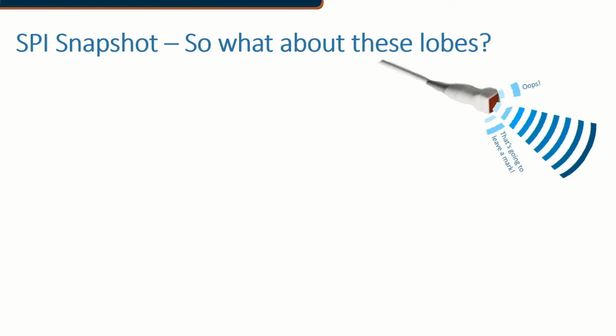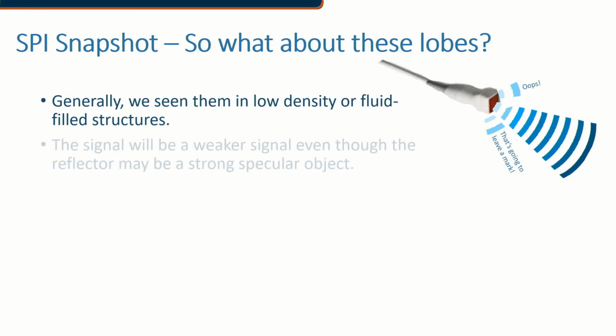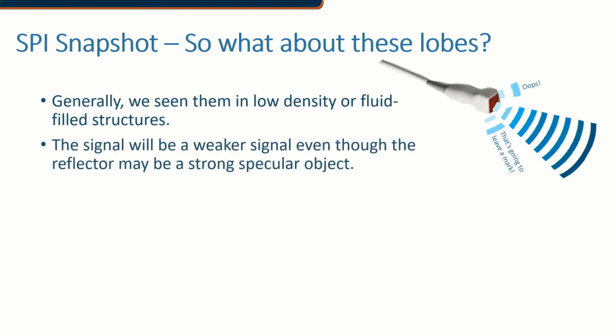So on my image, you just see these little extra lobes coming out on either side of the sound beam. And so what happens when something returns from those? Even if it hits a very strong reflector, it's going to come back as a weak signal.